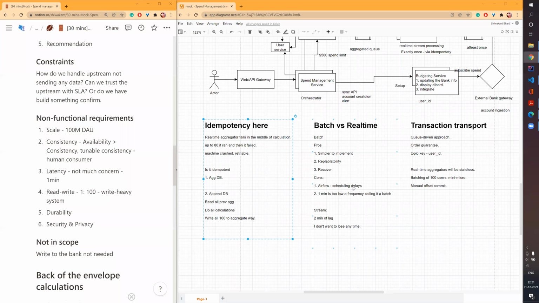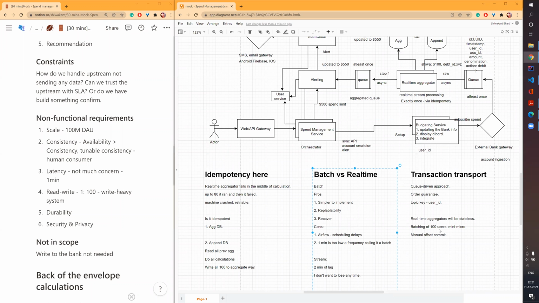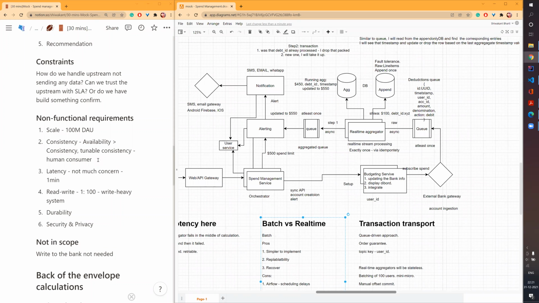What do you say? Do you have any contradicting views, or is this acceptable? I think it is right. Yeah, eventual consistency. Okay, cool.